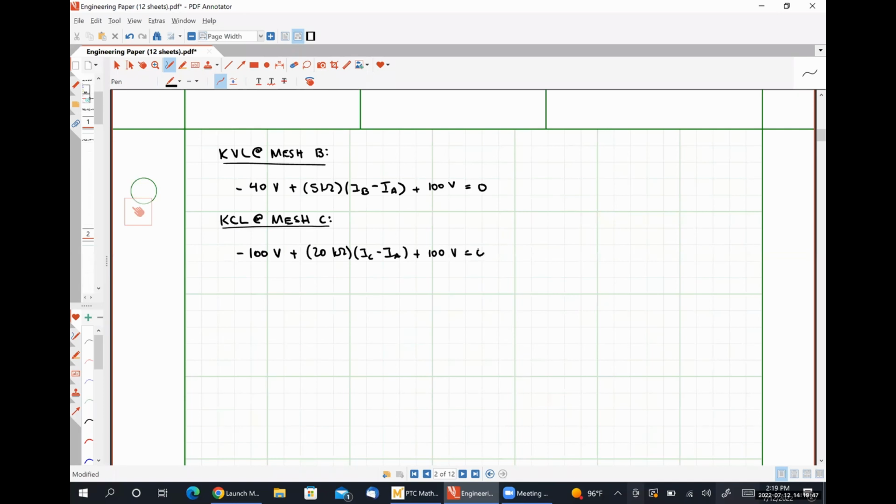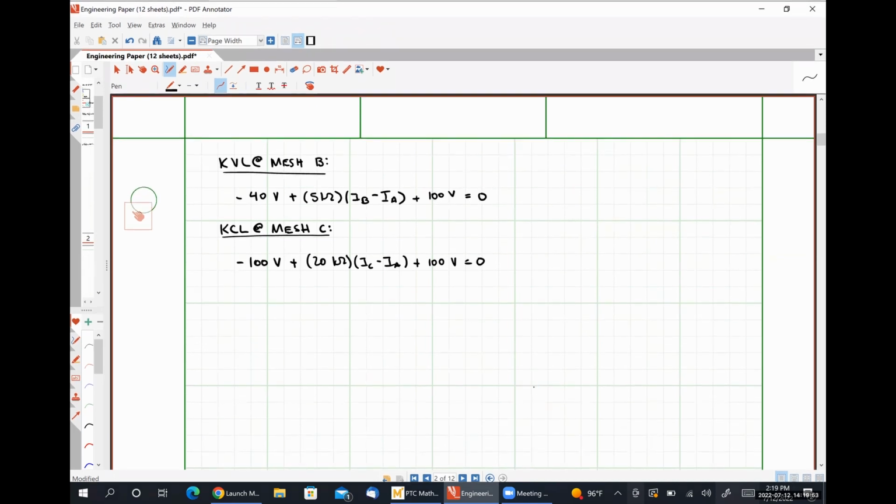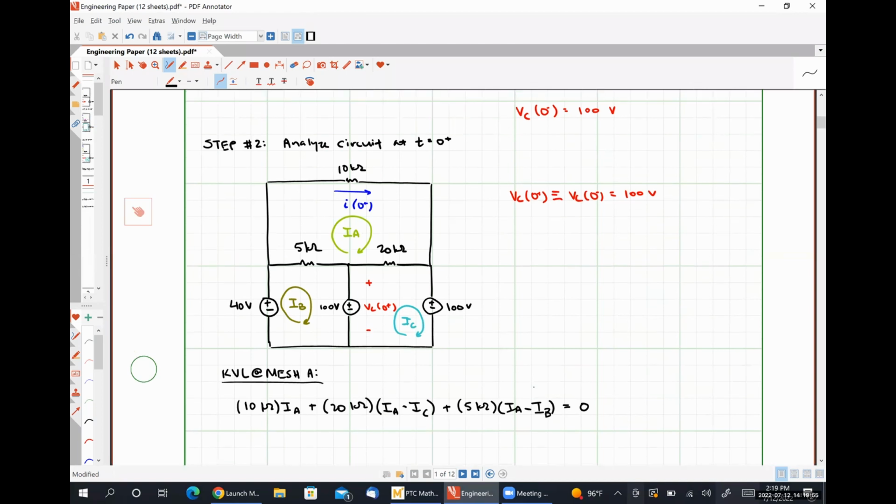And set this equal to 0. Let me just double check here. So negative 100 volts plus 20 kilo ohms times IC minus IA plus 100 volts. All right. And so now I'm going to need to solve this system of 3 equations, 3 unknowns simultaneously.